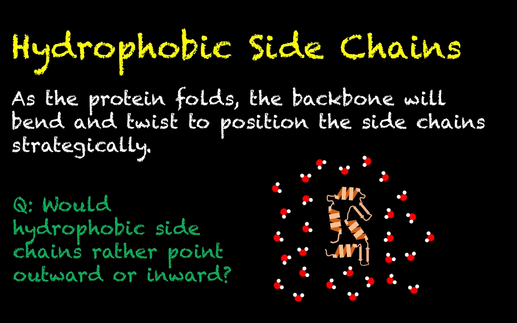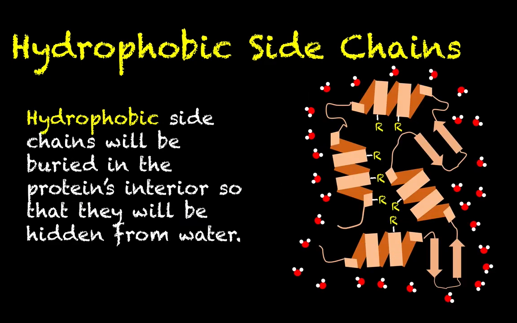As it pertains to the hydrophobic side chains, our question is, would the hydrophobic side chains rather point outward towards the water or inwards and be hidden away from the water? The answer, of course, is that hydrophobic side chains will prefer to be buried in the protein's interior so that they will be hidden away from the water that they do not interact well with.